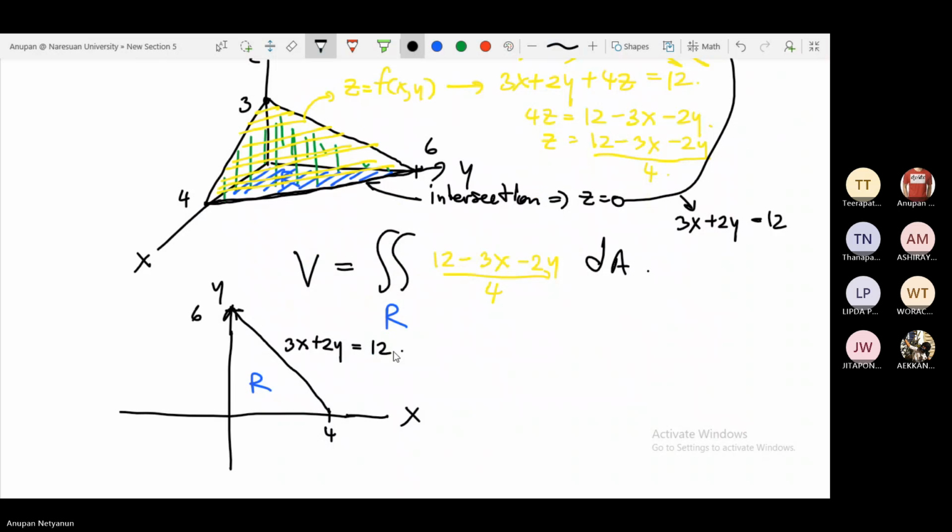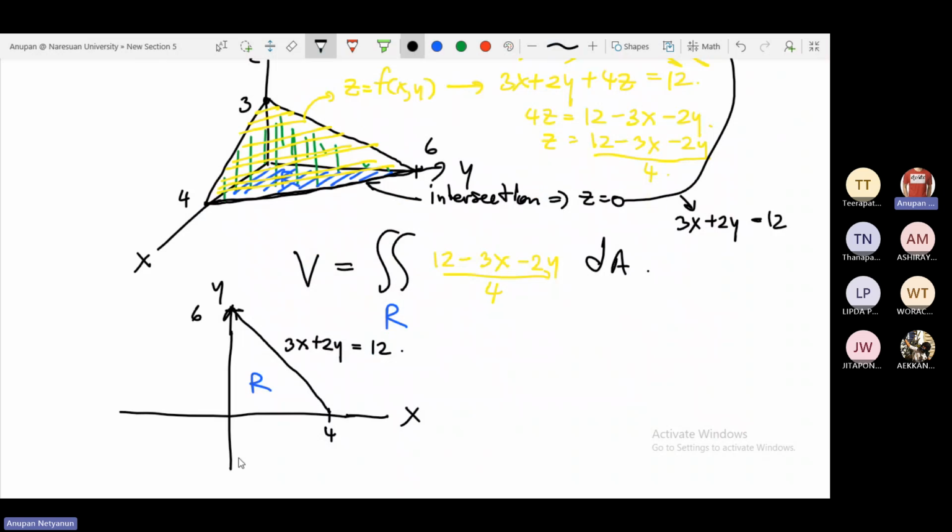Now we have the region, and then we can consider which order of double integral we can do, with respect to which variable first.